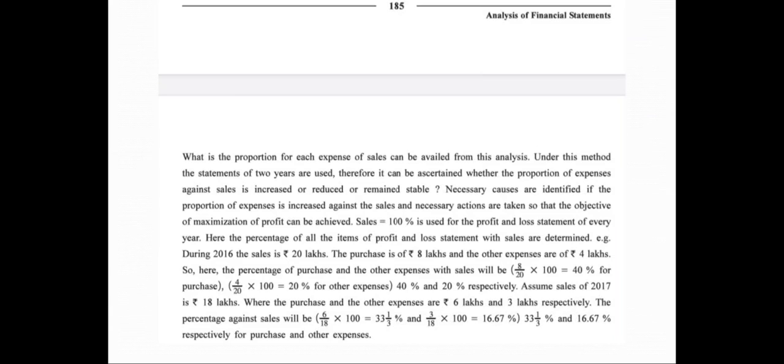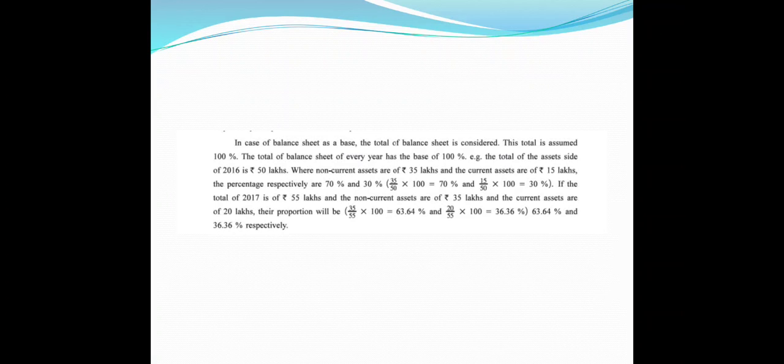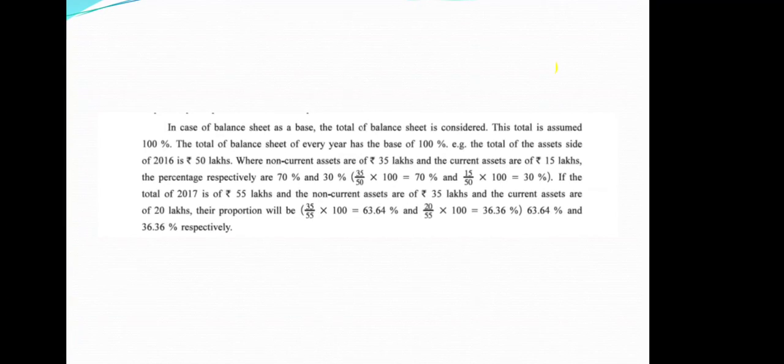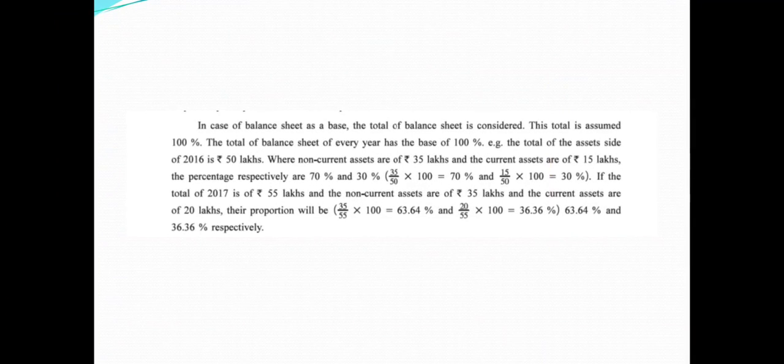So simply, the base is given to the sales, which is considered as 100, and based on that, other expenses, revenue and purchase are calculated in percentage, and the analysis is done. In case of balance sheet, as a base, the total of balance sheet is considered.